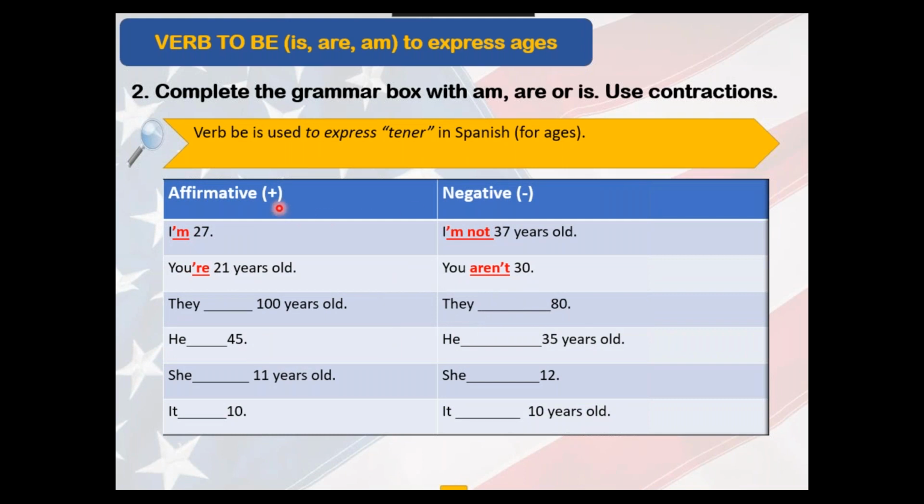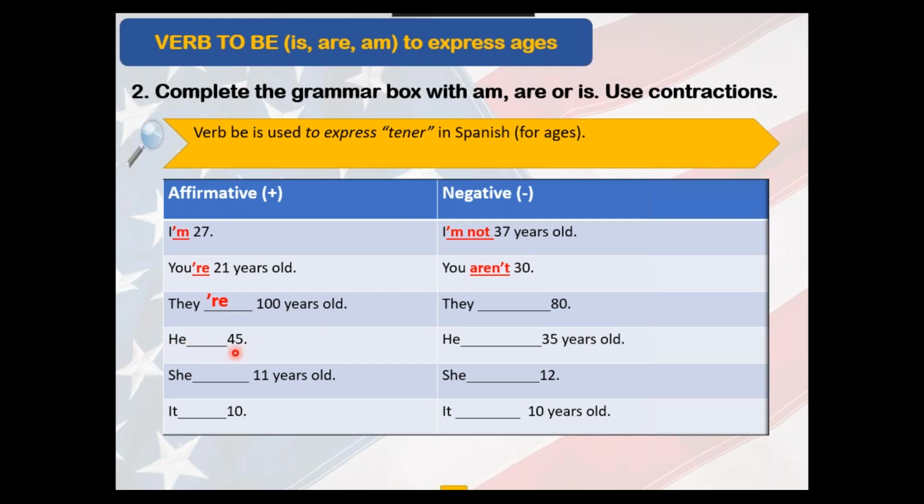For example, here in affirmative, I say I'm 27, okay? You're 21 years old. Come on, here, they 100 years old. Come on, what do I use? Are, or is in contraction? Well, I use they're, yes, they're 100 years old.